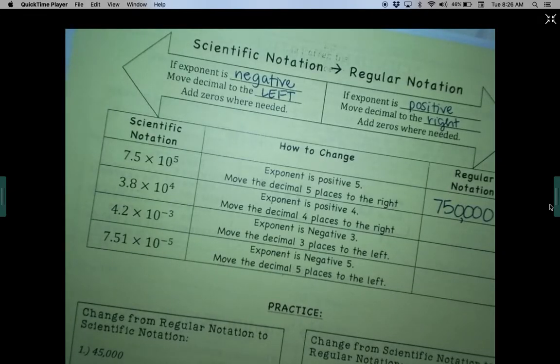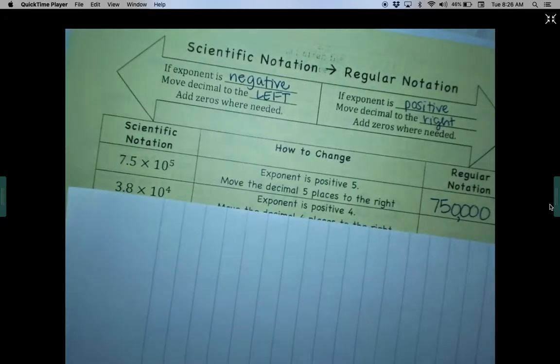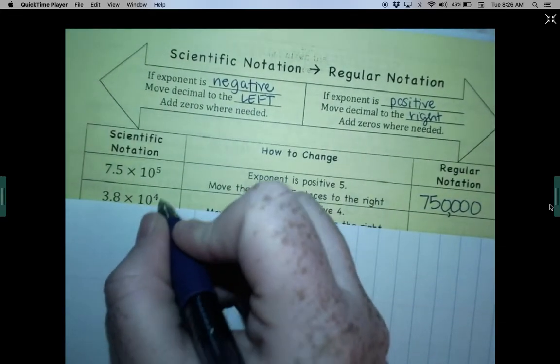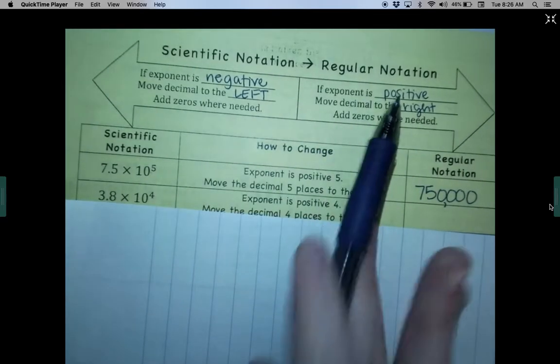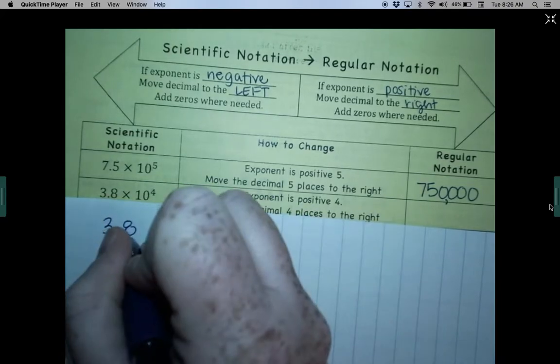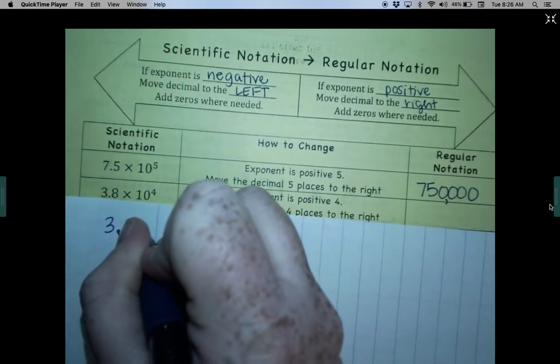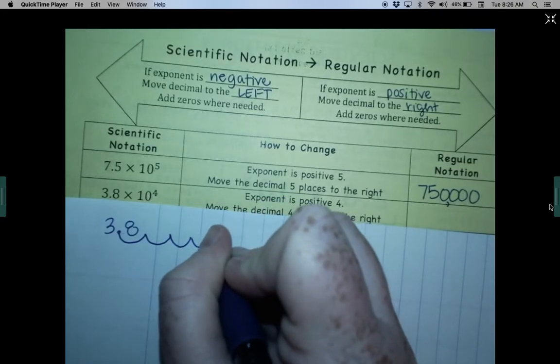All right, we have 3.8 times 10 to the 4th power. So this 4 tells me how many places to move to the right because it's positive. So I have 3.8, and I move it 4 places. 1, 2, 3, 4.